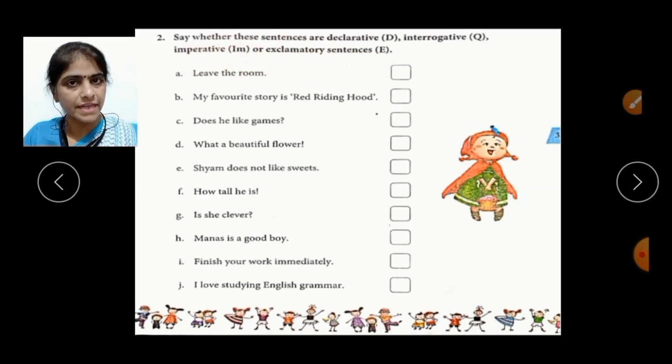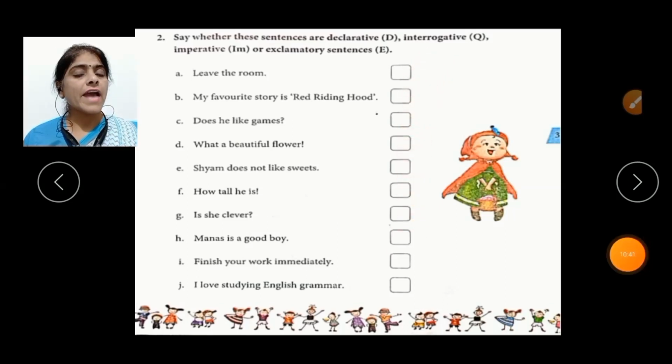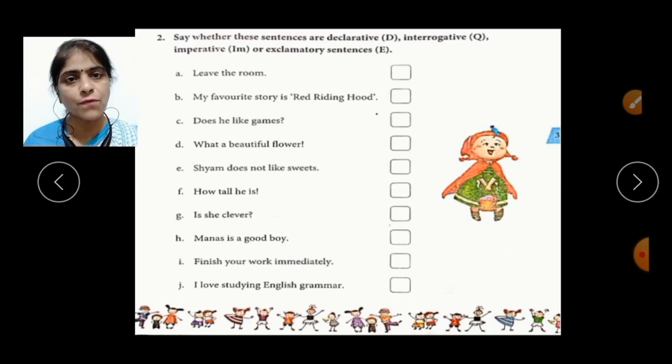So in this exercise, we have to identify the sentence and then we need to write D for declarative, Q for interrogative, IM for imperative, and E for exclamatory sentences in front of them. So, as we have learnt all the 4 kinds of sentences, I know very well that it is going to be very easy for all of you. So, let's start with me.